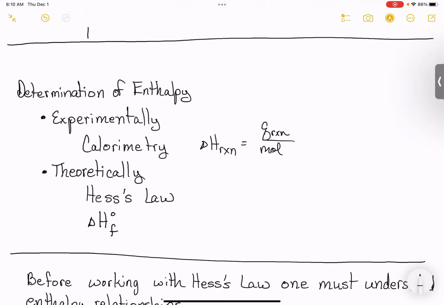You use calorimetry to determine the enthalpy experimentally. And when we do so, to get the enthalpy of the reaction, we take the heat of the reaction and divide it by the number of moles of that reaction.